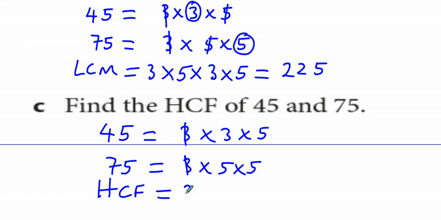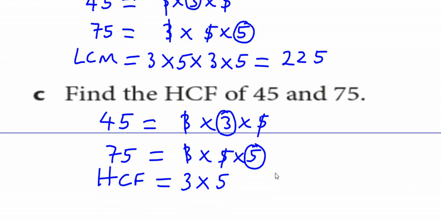For HCF, look for common factors. This is 3, this is common, also 5 is common. Do you have another common factor? We have 3 over here, but we do not have any 3 remaining here, so 3 is uncommon. We have 5 here, but we do not have any 5 pending, so this 5 is not common.